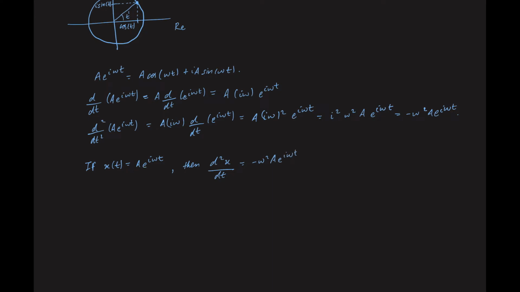But a e to the i omega t is just x, so this is negative omega squared x. So d squared x by dt squared equals negative omega squared x. And this is precisely the equation for simple harmonic motion.